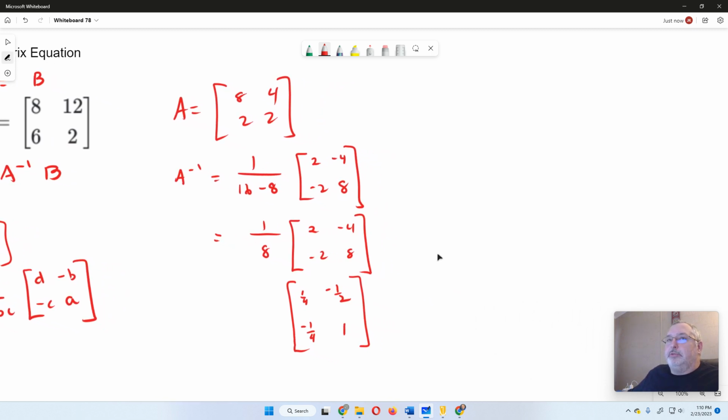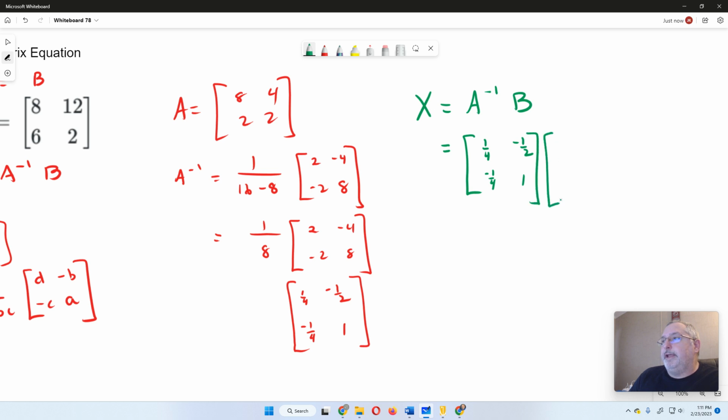So now we're going to solve the equation. So X is going to equal A inverse times B. So we've got our A inverse right here, which is [1/4, negative 1/2, negative 1/4, and 1].